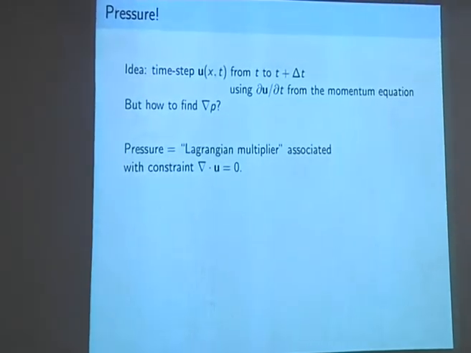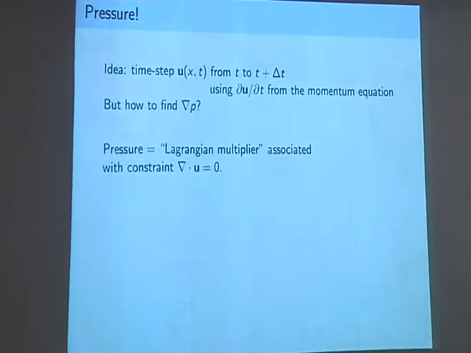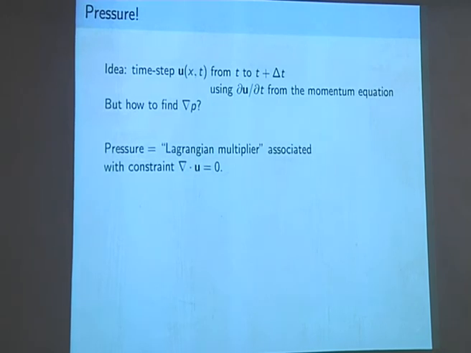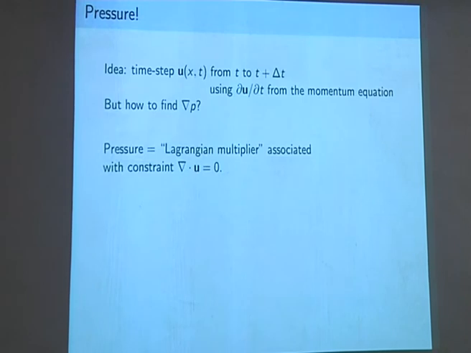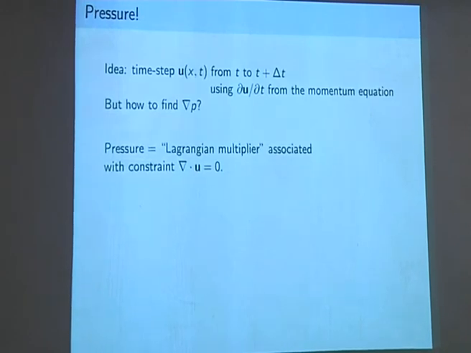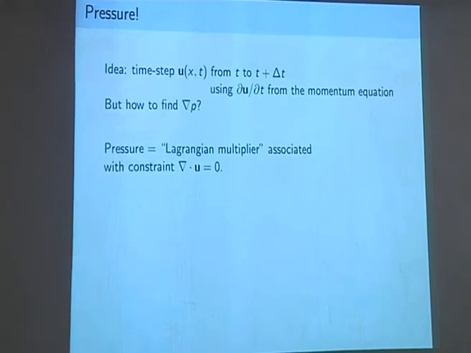So then I have to think, what pressure do I have to apply to make sure at the next time step div u equals 0? So that's the second approach, is to somehow constrain the velocity using gradients of pressure.